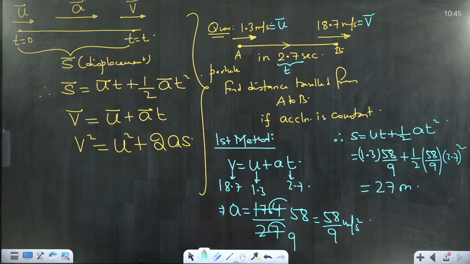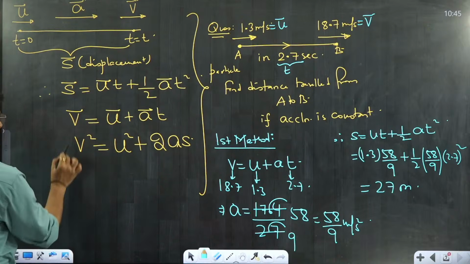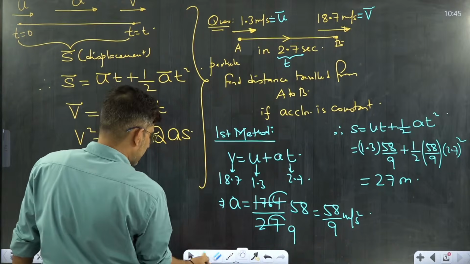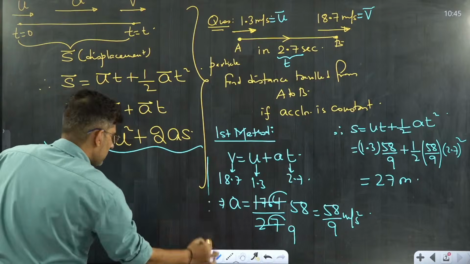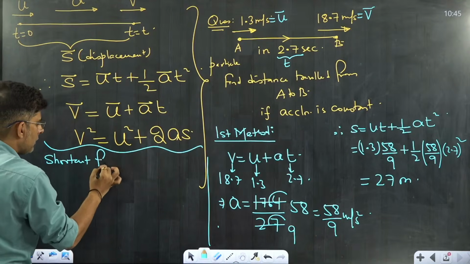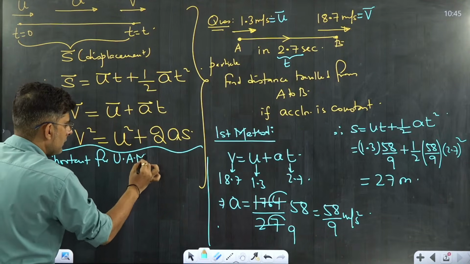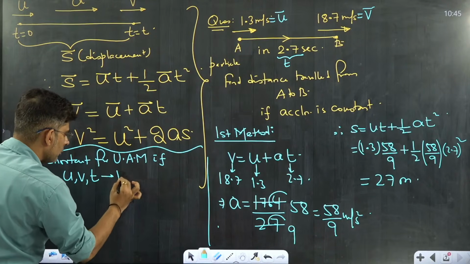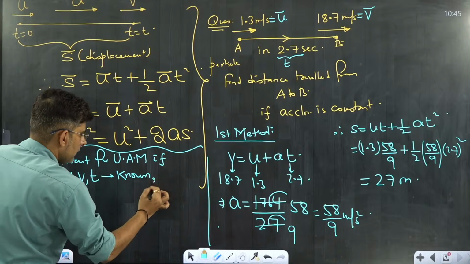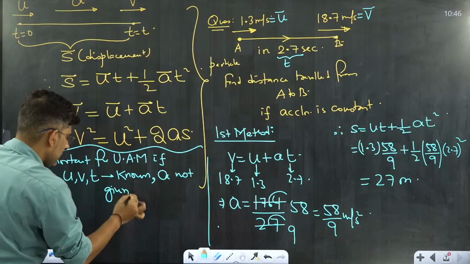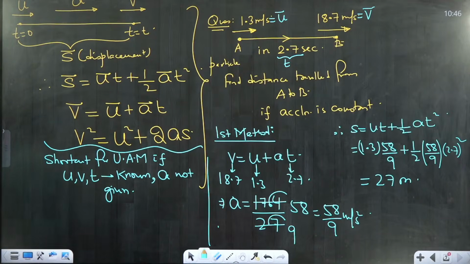Now let me tell you the most important formula from here, which you can remember. A very, very important concept. See what that is. A shortcut for uniformly accelerated motion: if u, v, t are known and a is not given.